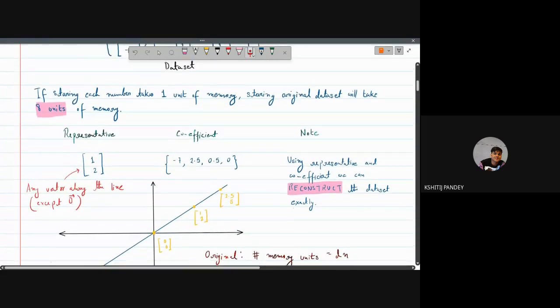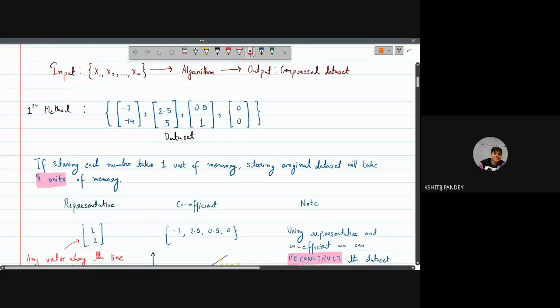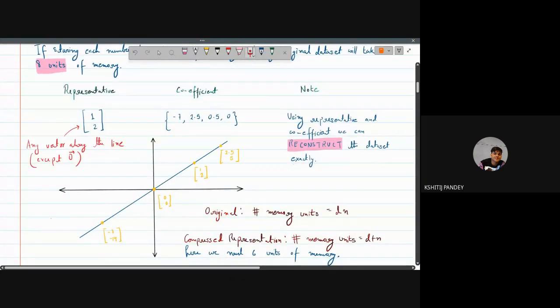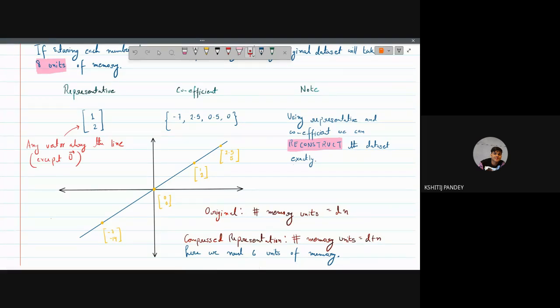As you can see, all the data points here lie on a straight line. If that is the case, we can choose any vector along the line, and that will be our representative. Then we can get to all the points in the data set if we have coefficients.